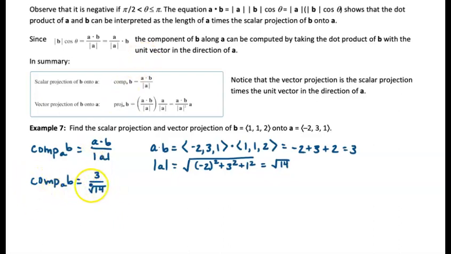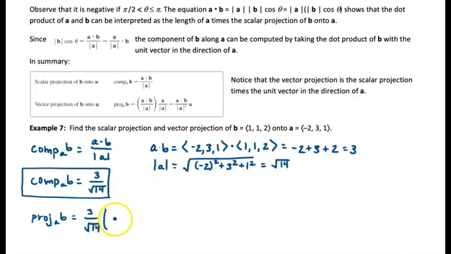And this is the scalar projection. So this is the length of this vector. This is the magnitude of that vector. Now to find the vector projection, we are simply taking the scalar projection and multiplying this by the unit vector of A over the absolute value of A, and these are both vectors.